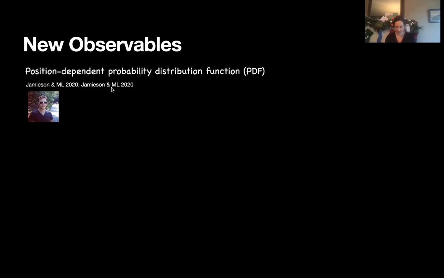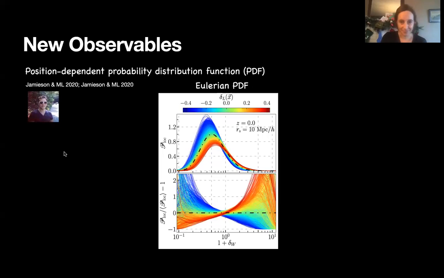In this case, what we study is how the probability distribution function for matter and halos varies spatially, and how the spatial variations in the probability distribution function are sourced by spatial variations in the mass distribution, which is perhaps not surprising. So in this first paper, we study the probability distribution function of the matter field and what's referred to as the Eulerian PDF.